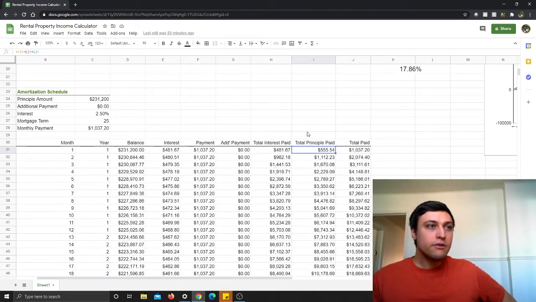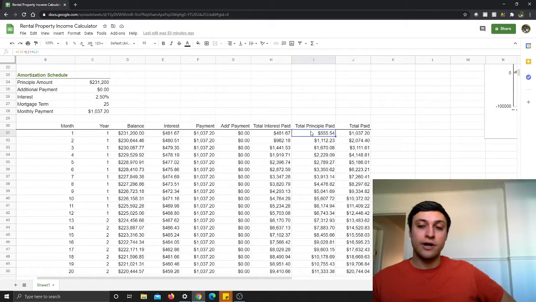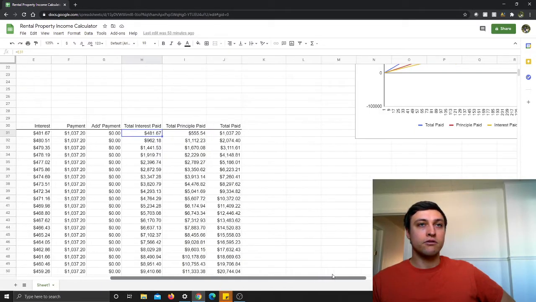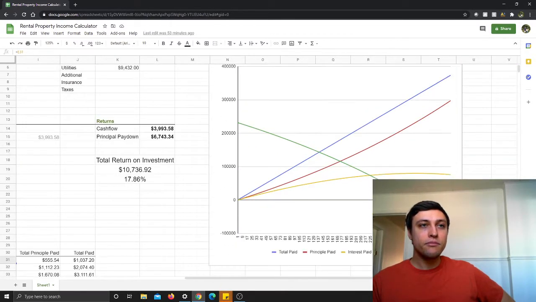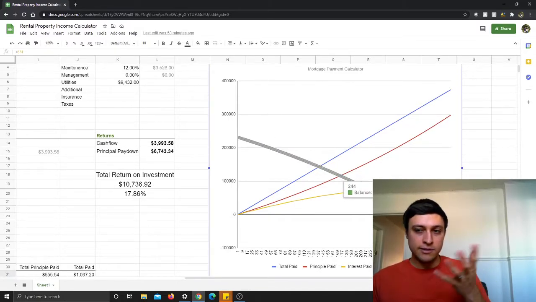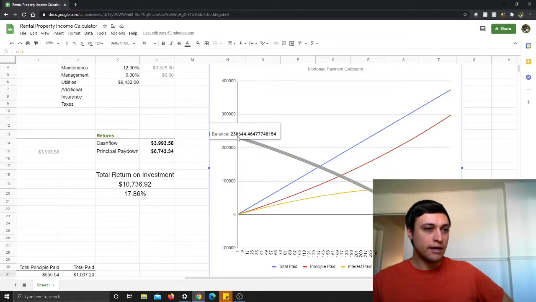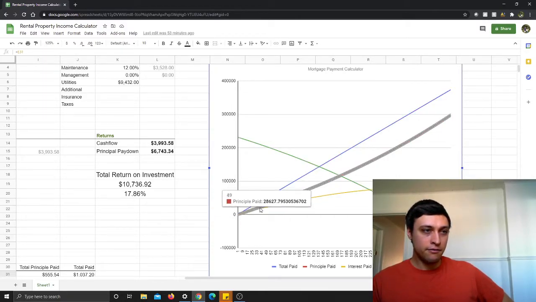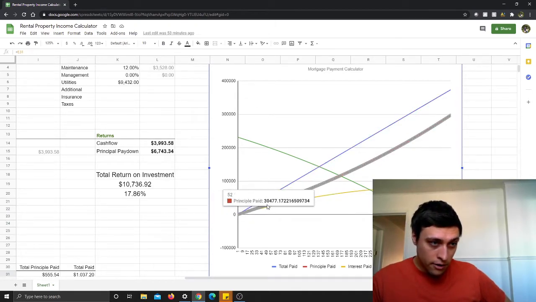Alright, so obviously if you continue that down all the way, just drag and drop, your principal amount is going to increase, etc. Now to help illustrate this, I made this nice little graph off to the side, which helps you see exactly what's happening here. You start off with a balance, that's the green one, the yellow one is your interest paid, and the red one is your principal paid.